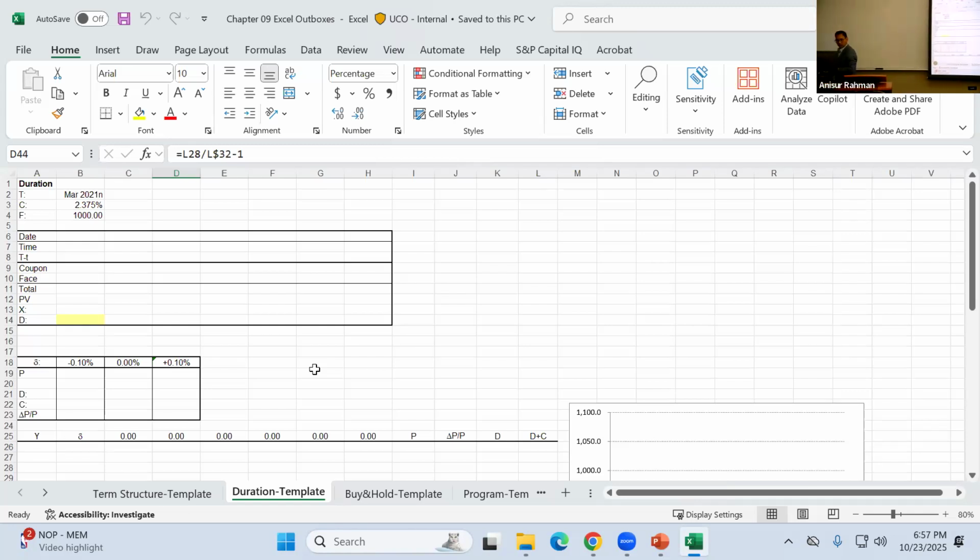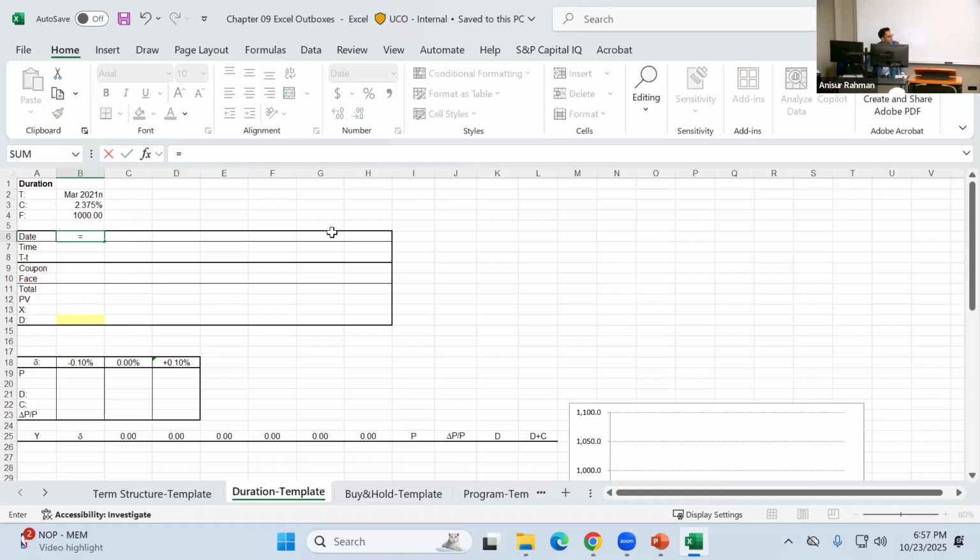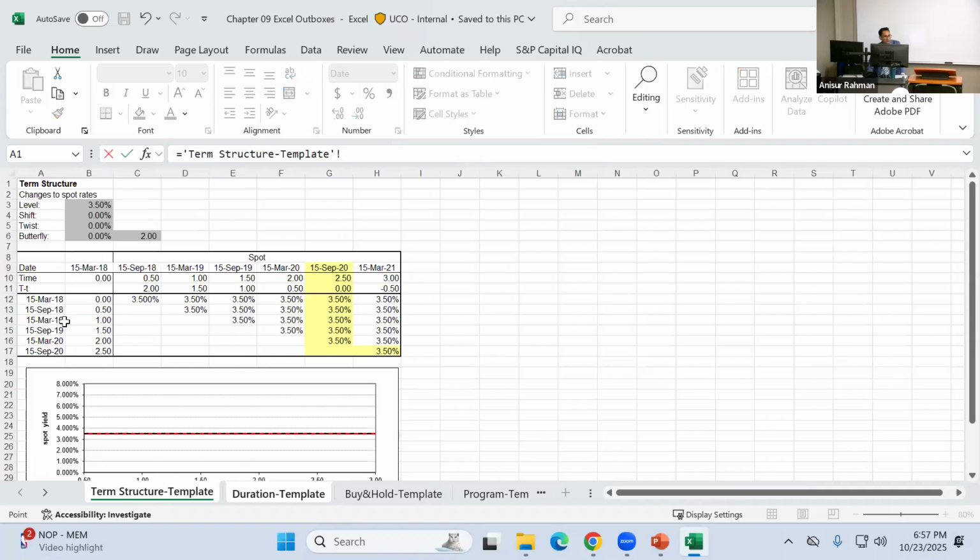Okay. Now what we are going to do, go to this cell, enter equal, and then go to term structure. Select this.